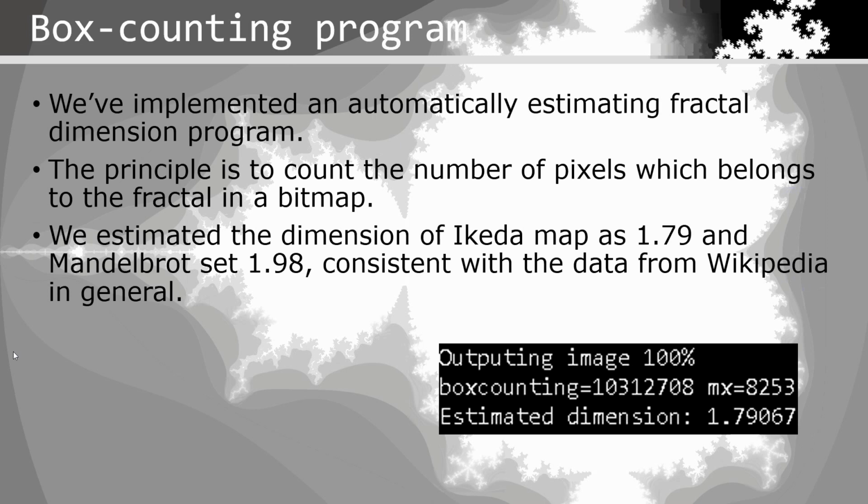We've implemented an automatically estimating fractal dimension program. The principle is to count the number of pixels which belong to the fractal in a bitmap. We estimated the dimension of the Ikeda map as 1.79 and Mandelbrot's at 1.98, consistent with the data from Wikipedia in general.